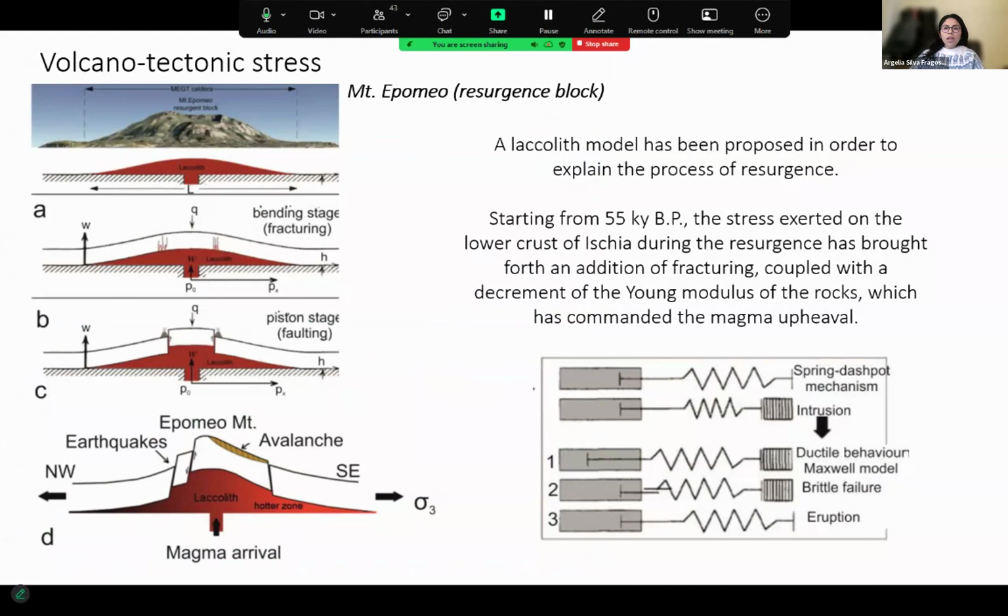It stressed the lower crust of the Ischia area, leading to the occurrence of many fractures and decreasing the stiffness of the rock that helps, of course, to drive the magma outward, ending up in the uplift of the resurgent block that in this case we are going to call the Monte Epomeo.